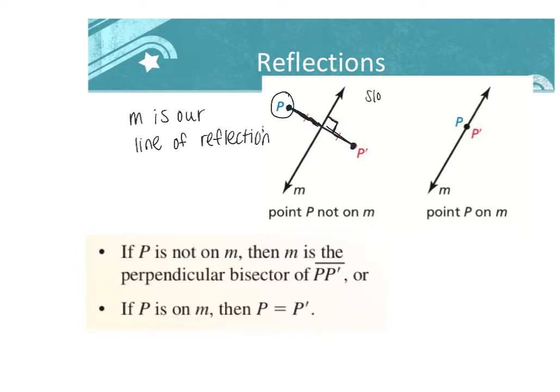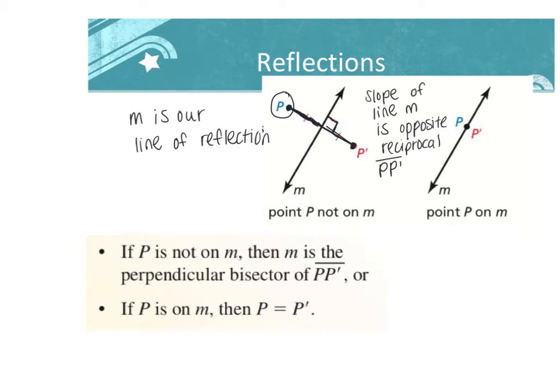So the slope of, I'll label it line M, is the opposite reciprocal to the line segment P P prime, okay?